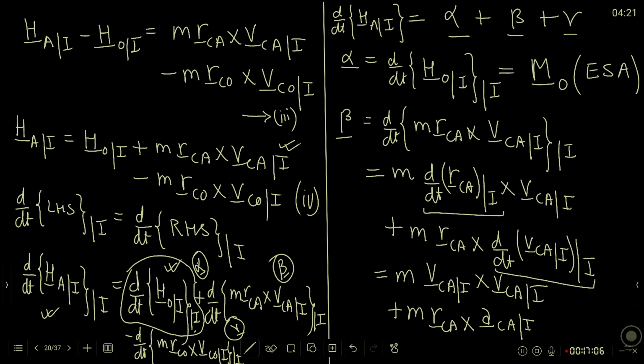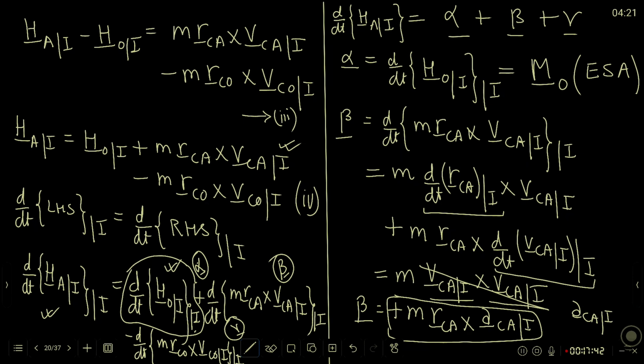I hope you are comfortable with this notation a^CA/I: it is the acceleration of point C relative to point A and with respect to I. Okay, so here we have the same vector having a cross product with itself, so this is going to vanish. The only surviving term in beta is this. We will keep it for the time being.